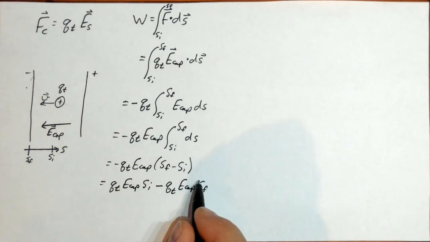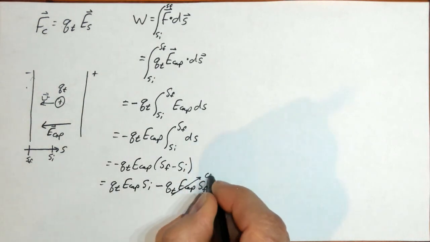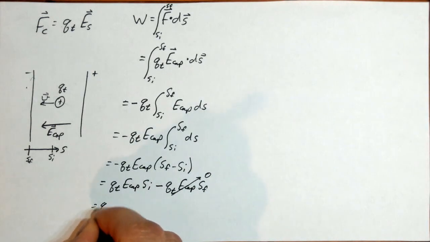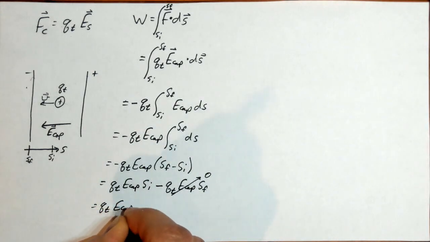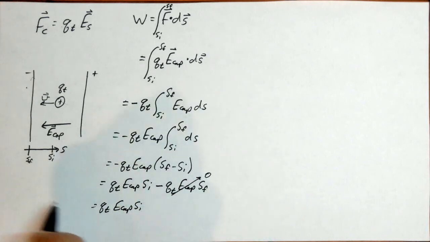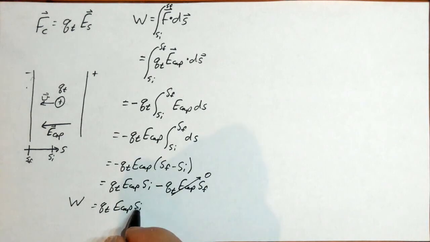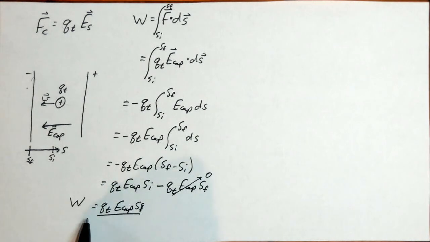So that makes this one 0. All right, and we get qt E capacitor S initial is equal to the work done. And that really is just the change in position. So with this being just the change in position, I can kind of get rid of that initial since I'm using 0 as my change. And so this is the work done on the particle.